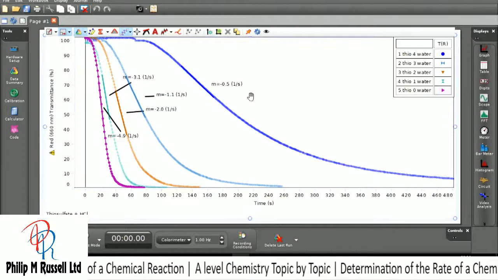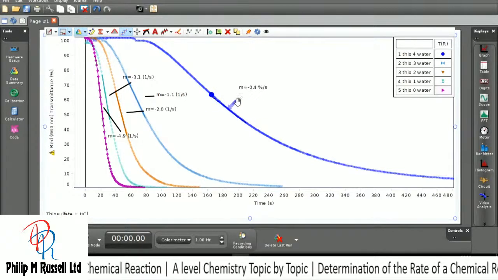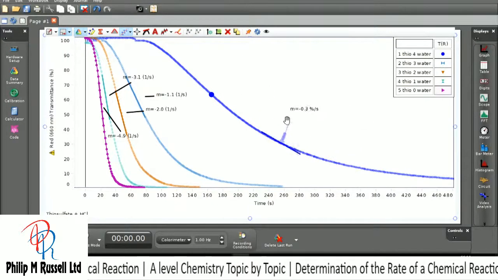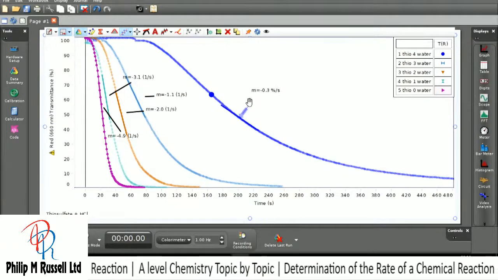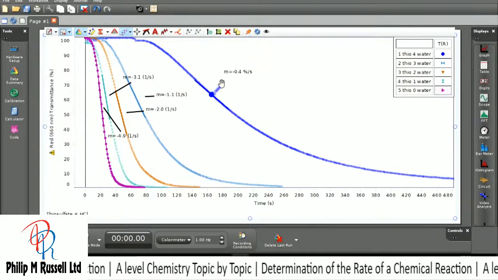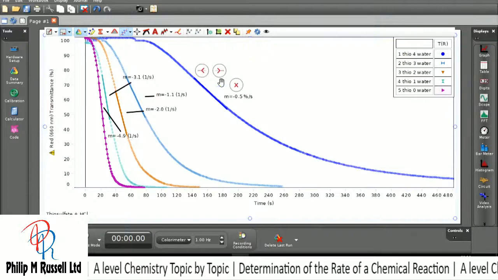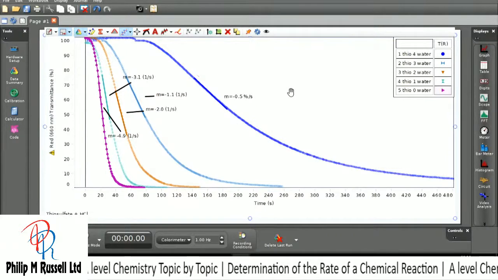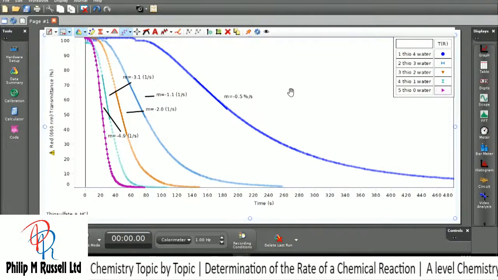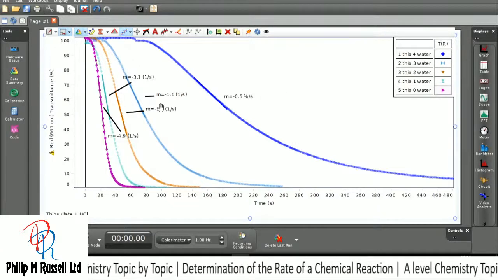And what I can do with this is I can put a little ruler along here, and I can measure the rate of the reaction. And if I get to about there, that's the highest rate of my reaction. So I found the point where I've got the greatest rate of reaction, and so that's 0.5.